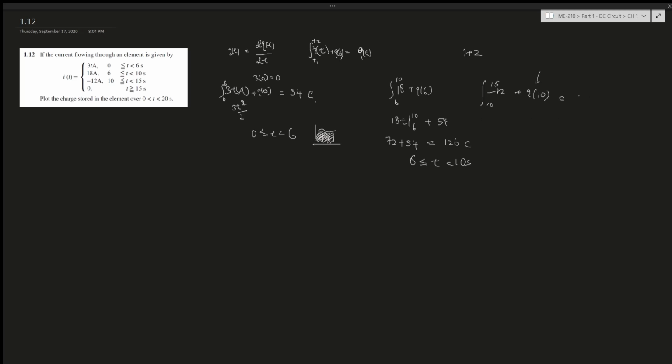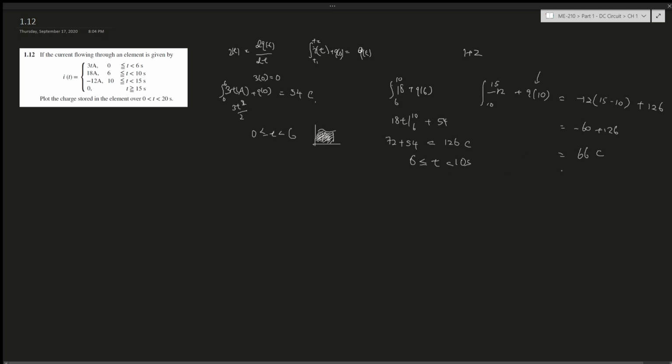So it would be negative 12 times 5, since 15 minus 10 is 5, plus 126. Negative 60 plus 126 is 66 coulombs.